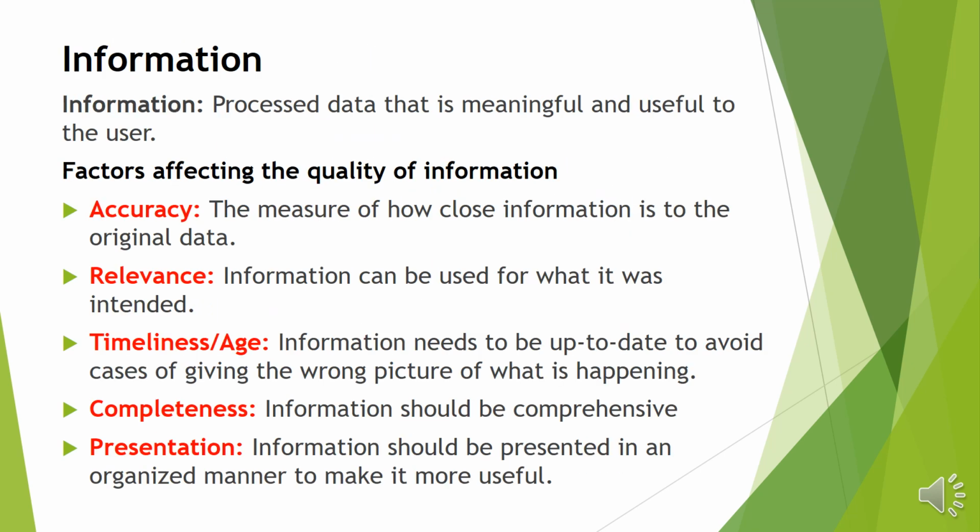What is information? As I have told you at the beginning, a computer is regarded as a factory or industry. Within a factory, the machines take raw materials and transform the raw materials into final products.